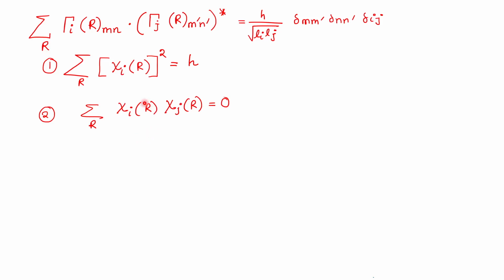So now suppose you have a reducible representation and you have irreducible representations. These are the two rules we are going to use.